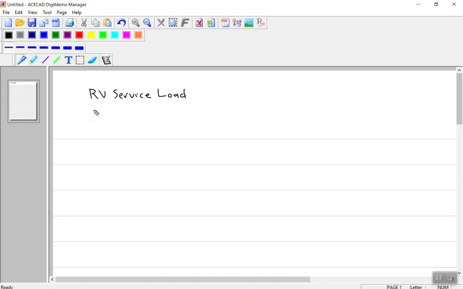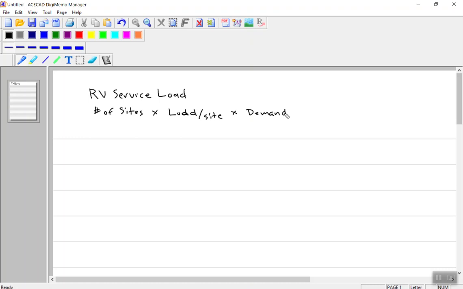It would be the number of sites times the load per site, times the derating factor, times the demand. That's what the code book calls it, the demand, or what I call the derating.